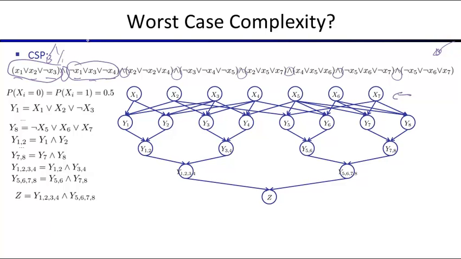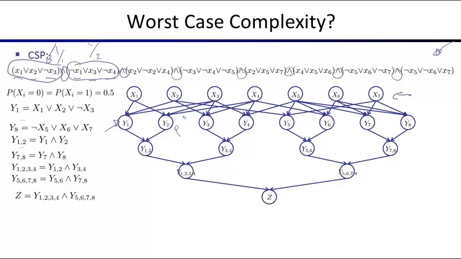Second clause, we have y2. And so what this CPT here is encoding for y1 is that y1 is equal to x1 or x2 or not x3. It's a very special CPT. Most entries are 0, some of them are 1.